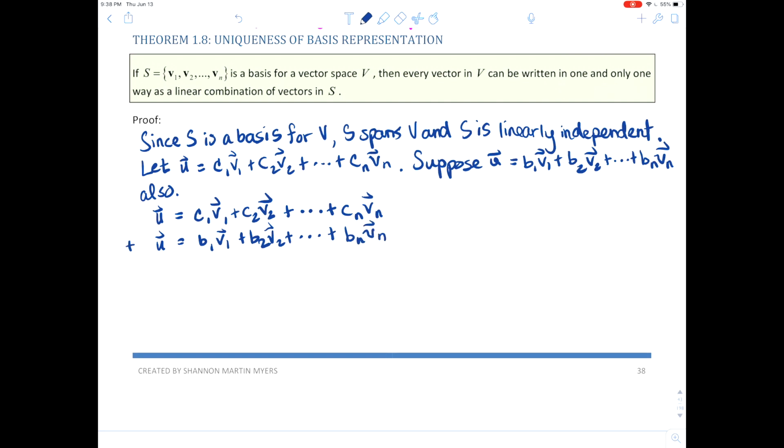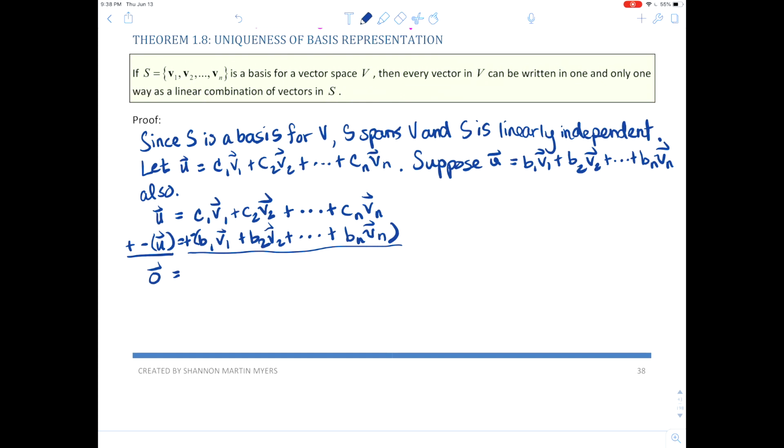And let's add the opposite. We're going to add the opposite. So, in other words, kind of subtract. So, what are we going to get? U plus negative U is a zero vector, correct? And that's equal to what?